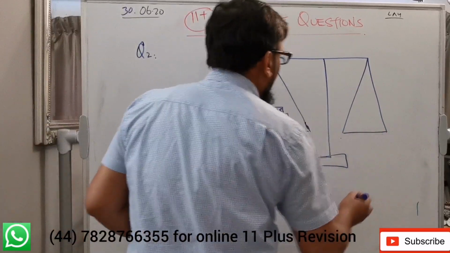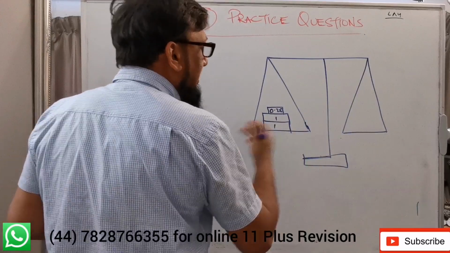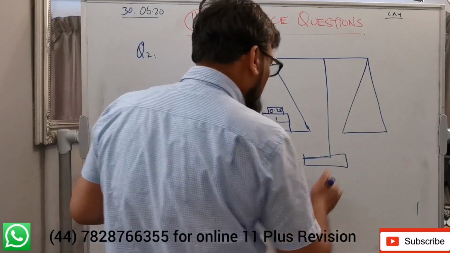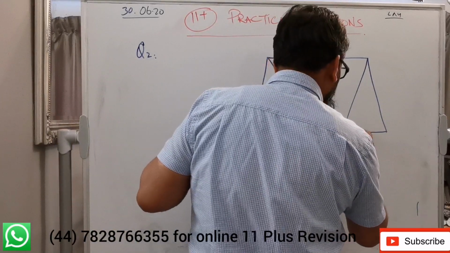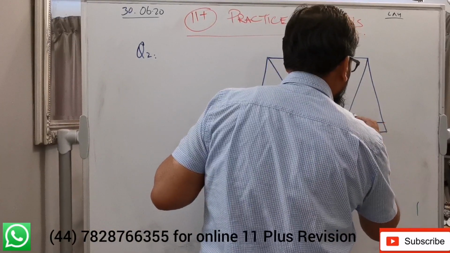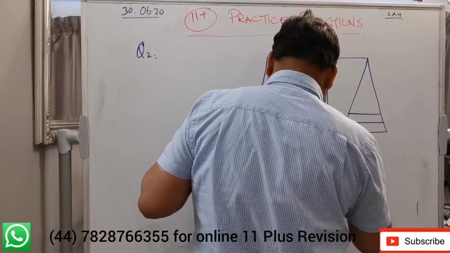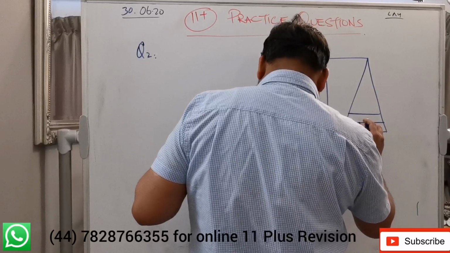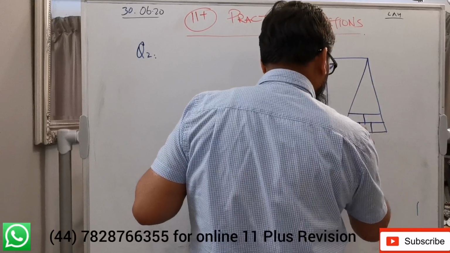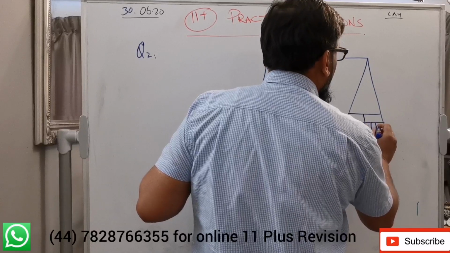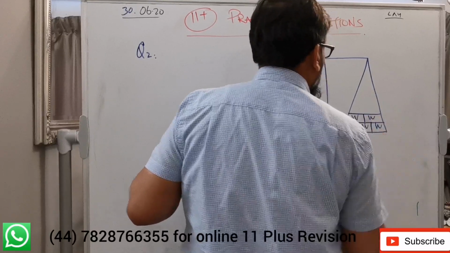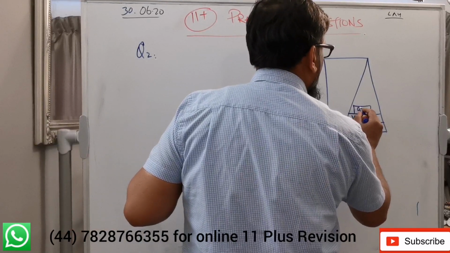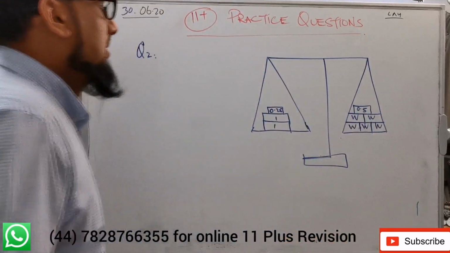And this is on the left hand side, and on the right hand side, they are giving you 1, 2, 3, so W, W, W, W, W, and they're giving you one weight as well, 0.5.